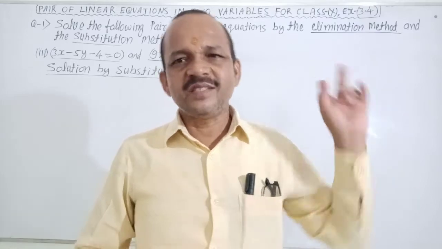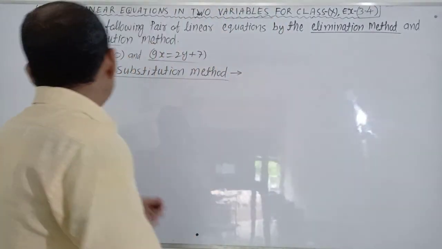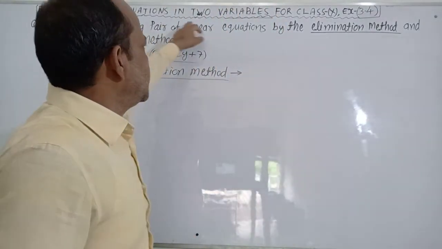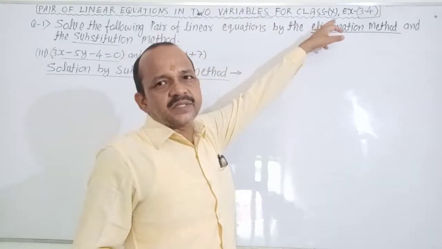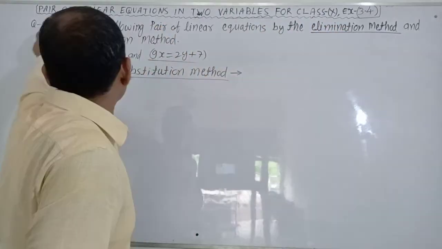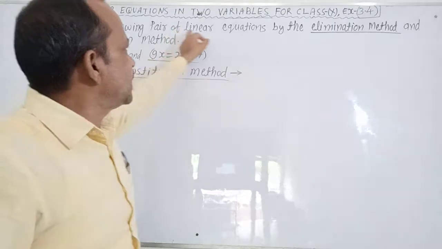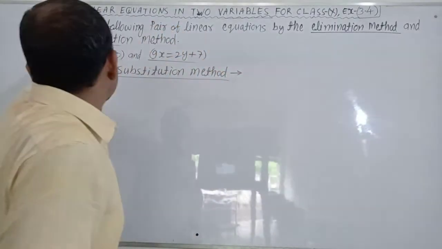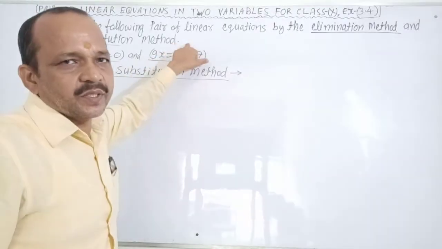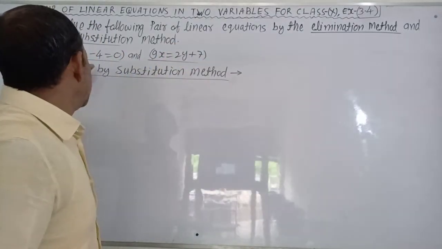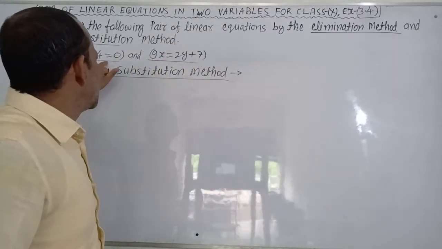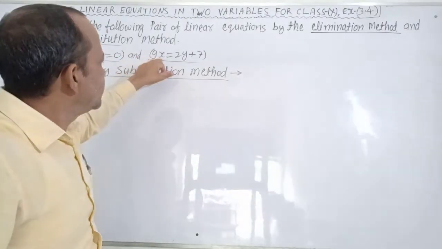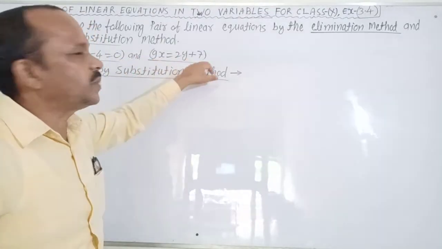Very good. See the board. Pair of linear equations in two variables for class 10, exercise 3.4, question number first. Solve the following pair of linear equations by the elimination method and by substitution method. Part third: 3x minus 5y minus 4 equal to 0 and 9x equal to 2y plus 7.